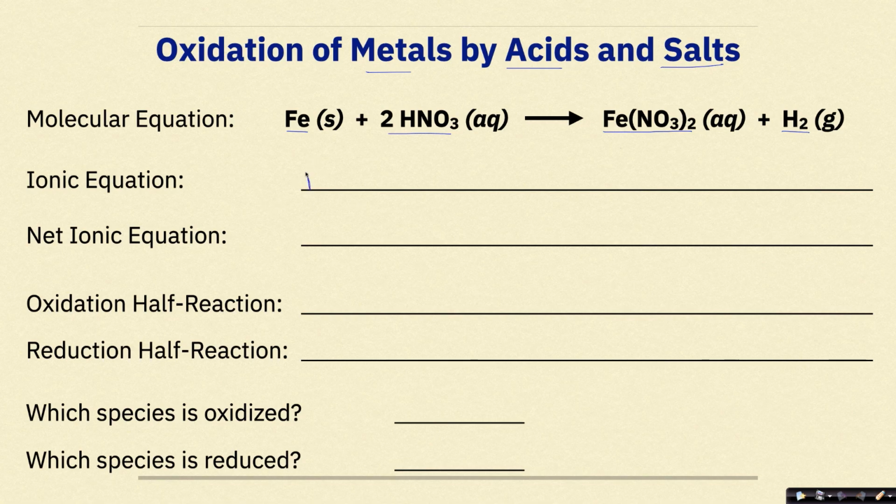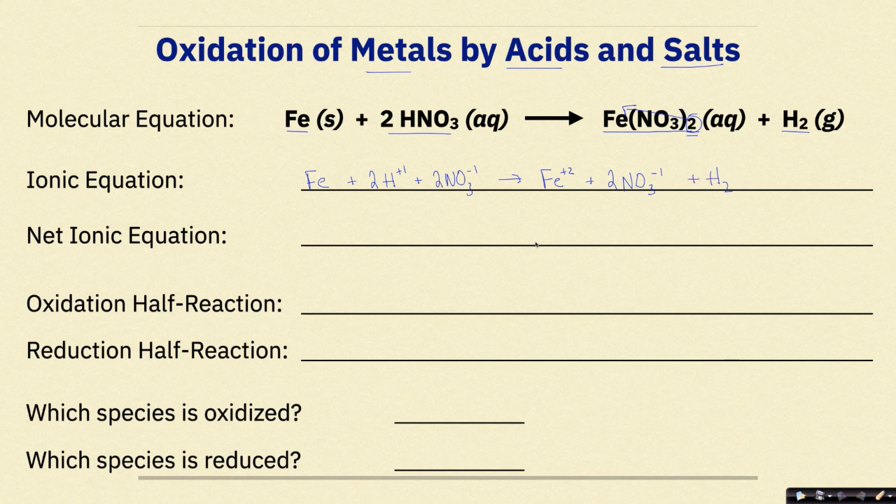So Fe by itself, Fe, nitric acid is a strong acid, so we're going to have plus 2H plus 1 plus 2NO3 minus 1 yields Fe here is going to be plus 2 because we're going to take this and uncrisscross it, plus 2 because we don't want to forget this subscript right here, NO3 minus 1 plus H2.